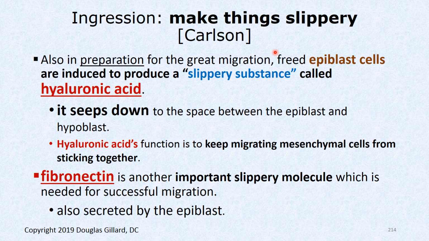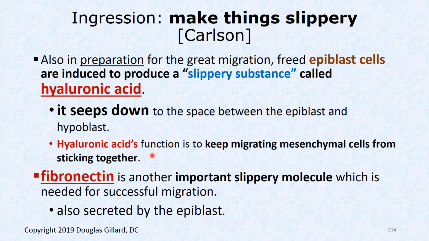Now, they have to migrate inside, in between the hypoblast and epiblast, and that's a very dry place. So we need to make it slippery. To make it slippery, our epiblasts that are now broken and ready to move secrete fibronectin. So the genes that secrete fibronectin are turned on, which makes them slippery, so they can squirt down through the primitive streak and do what they're destined to do.